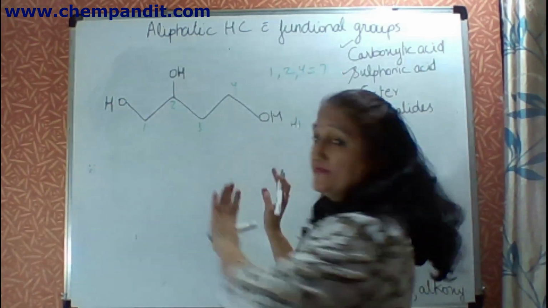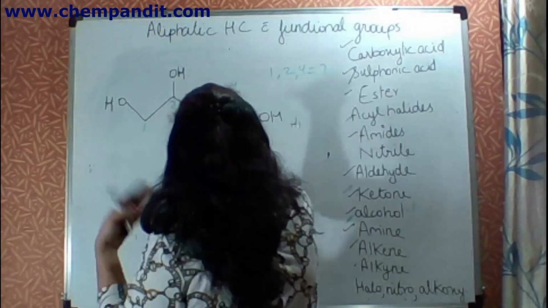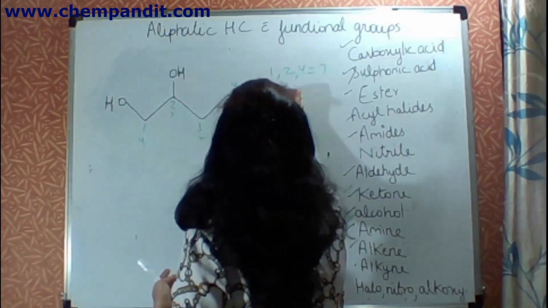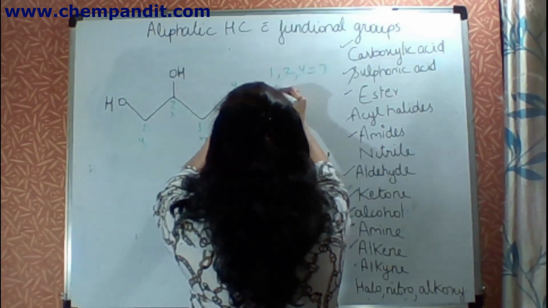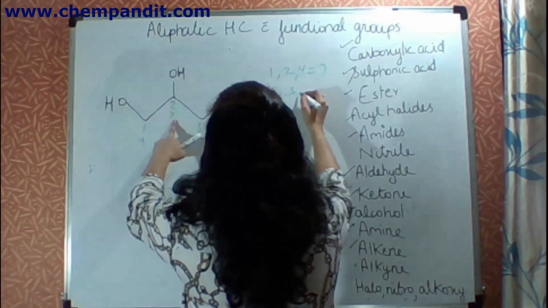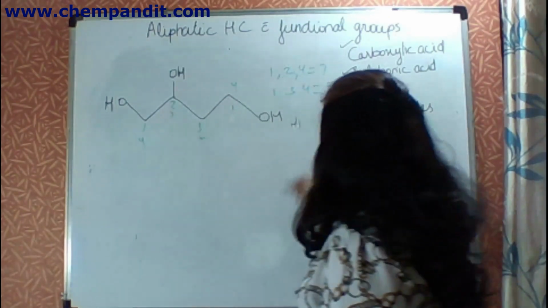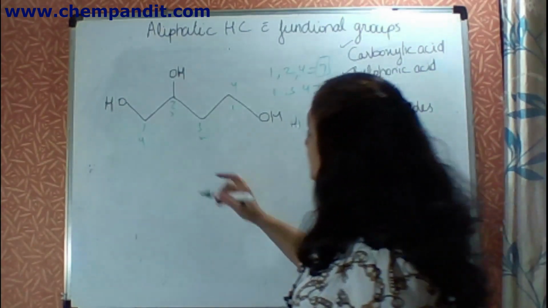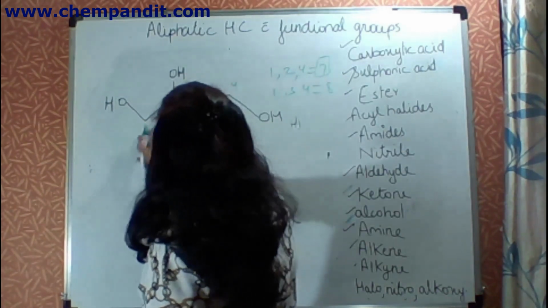The sum becomes 7. We will use the sum rule over here. Suppose we number it the other way round, 1, 2, 3, 4. Now it is 1, 3, 4. The total is 8. So we always choose the lowest number, which means we will use the first order. Clear?